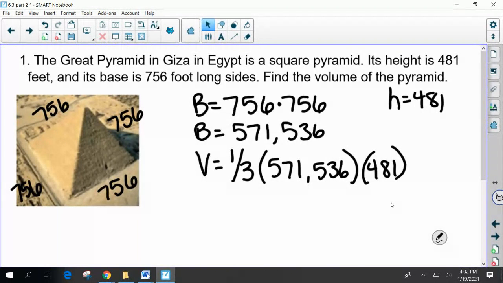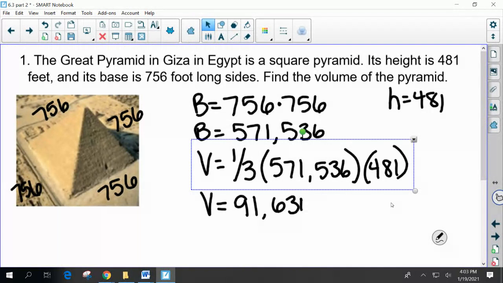If you have not already gotten out your notes from 6.3 part 1 with the formulas, then I would recommend that you do that. And then when I get this calculated, I end up with 91,636,272, and then I would label this feet cubed.